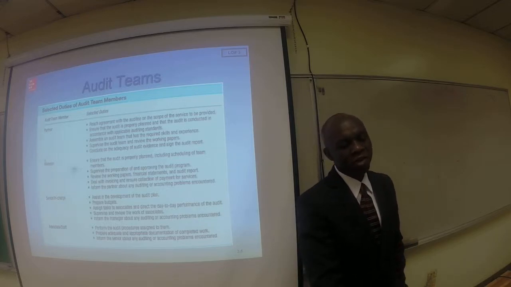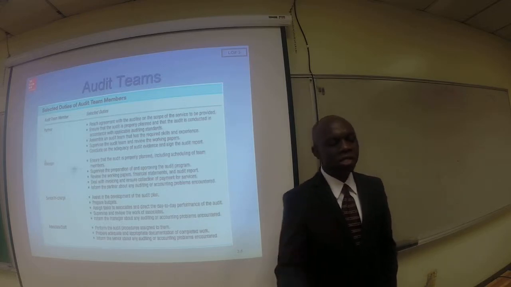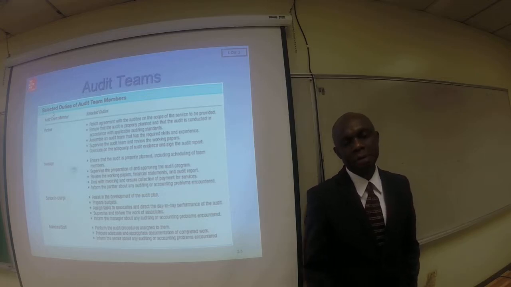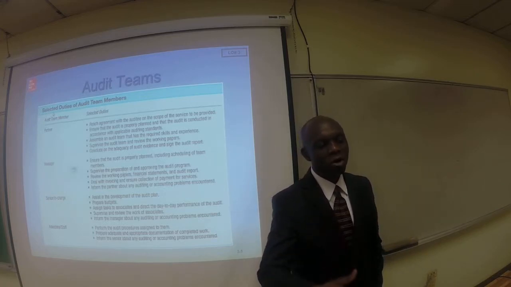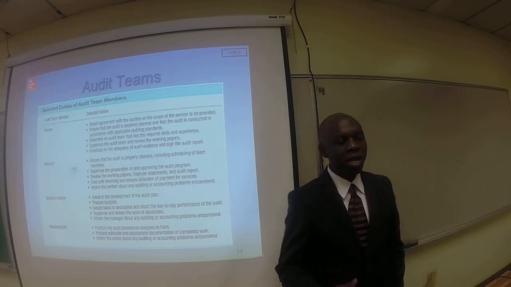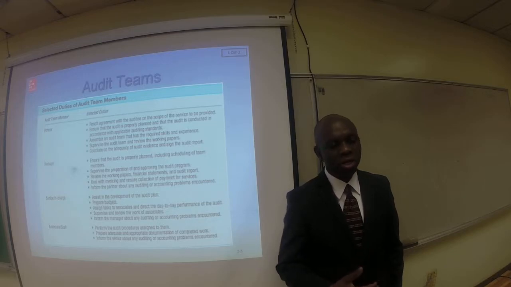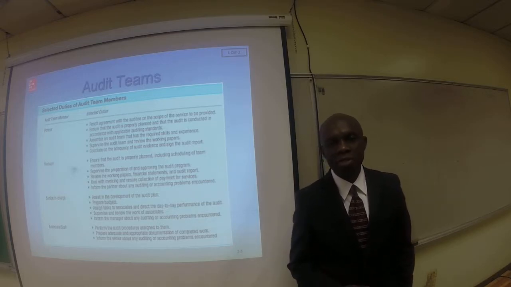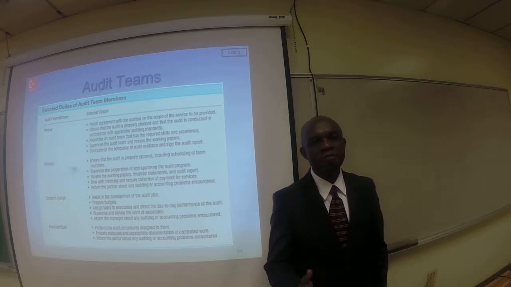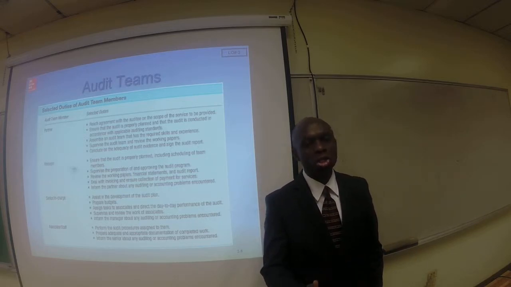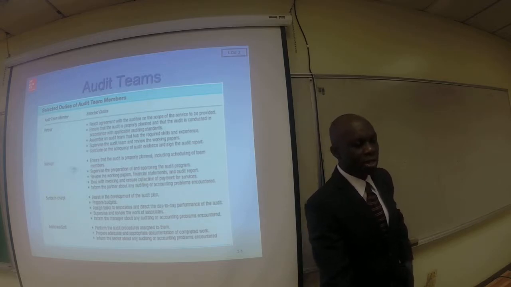Then another 4 to 5 years, you might become a manager. Then another 6, 7 years, as the case might be, you might become a partner. Of course, these different members of the audit team obviously have different responsibilities. A significant percentage of people that work for the Big Four wind up not becoming partners.